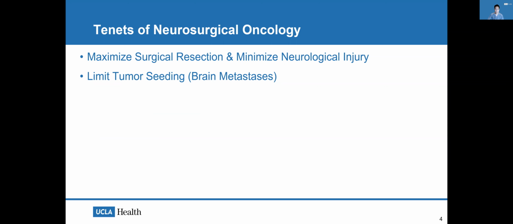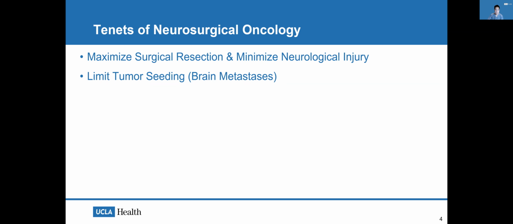Now, if I had to summarize really what the major tenets of neurosurgical oncology were, I would say that they are to maximize surgical resection and minimize neurological injury while removing tumors. And especially in the case of brain metastases, or tumors that come from elsewhere in the body and travel to the brain, when surgery is indicated, limiting the spread of tumors through spillage of tumors is really, really important.